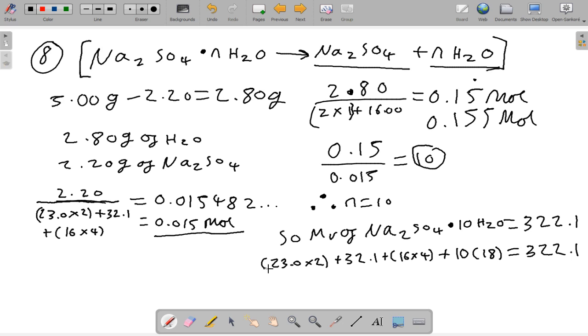Going back, we have 23 times 2 plus 32.1 plus 16 times 4, that is the sodium sulfate, plus 10 times 18, which is 1 plus 1 plus 16 for the water. We get 322.1 as the molecular mass. Molecular mass has no units, so we just put MR equals 322.1.